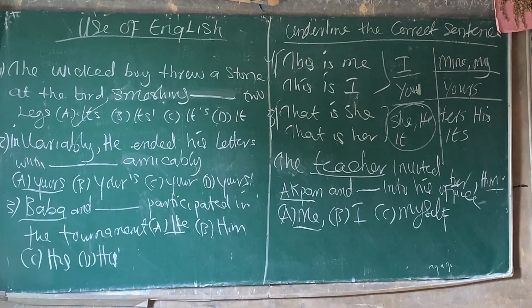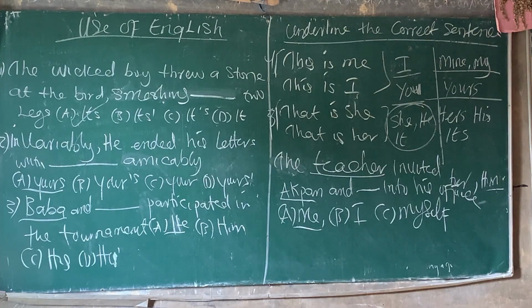Alright. Now, whenever you have the first person singular pronoun at the subject level, the word to be used there is I. That's all. Whenever you have the first person singular at the object level, the right word to use there is me. Does it make sense to you?